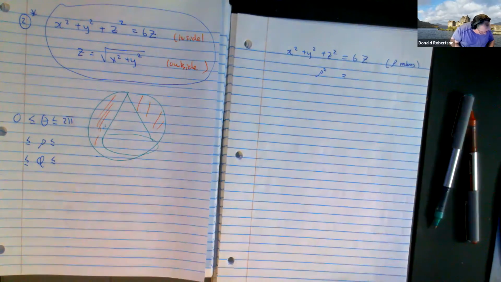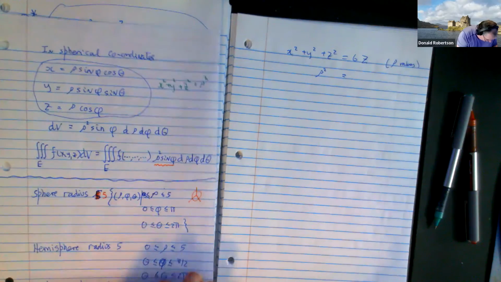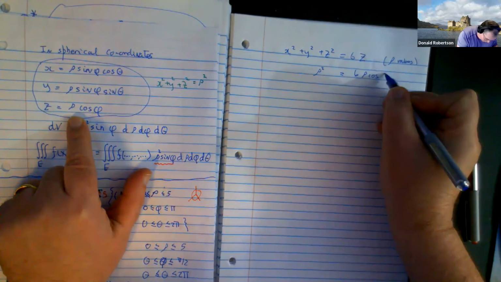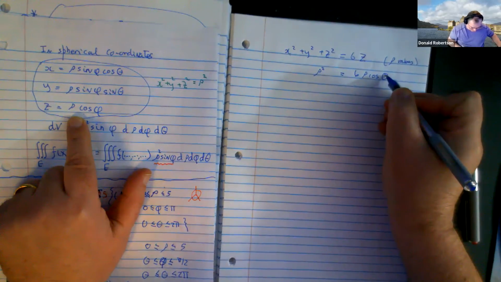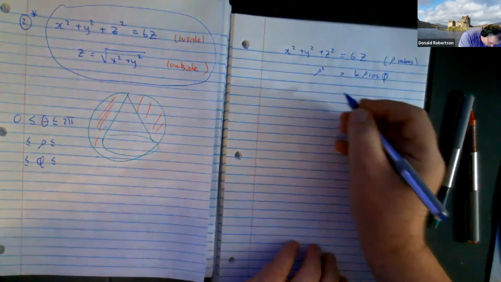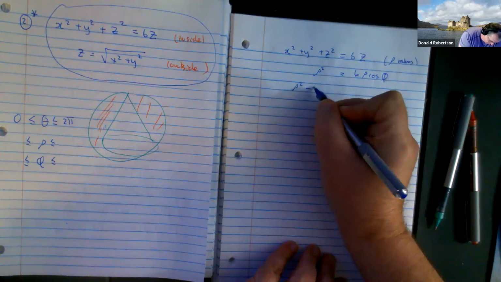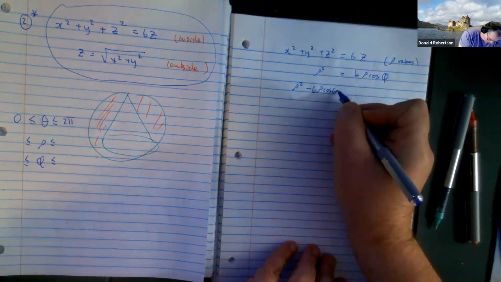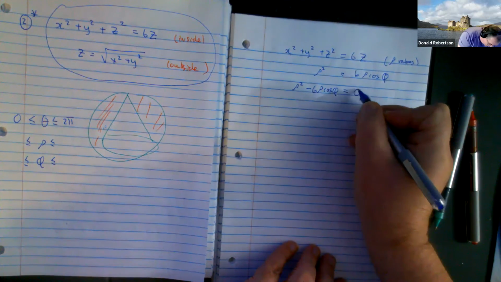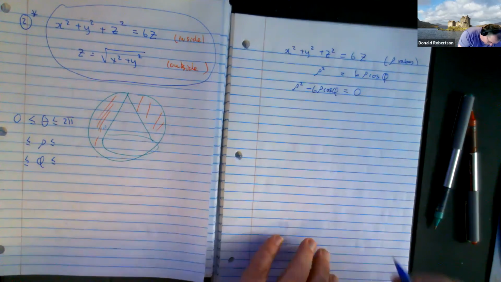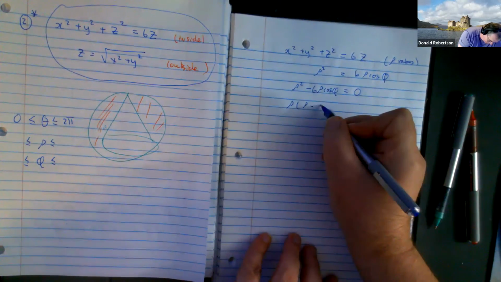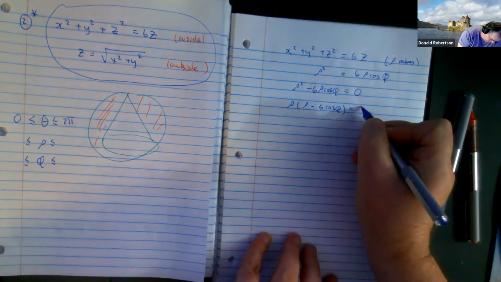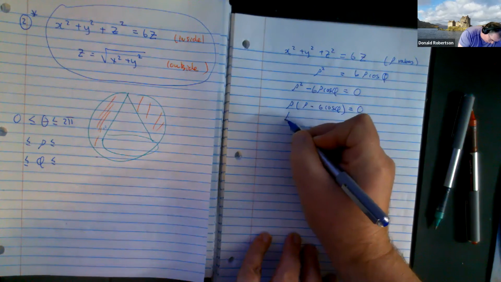And 6z, I'll have to go over here and write down 6 rho cosine phi. Then I get rho squared take away 6 rho cosine phi equals 0. I'll then pull out rho as a common factor. And that gives me 2 values of rho.